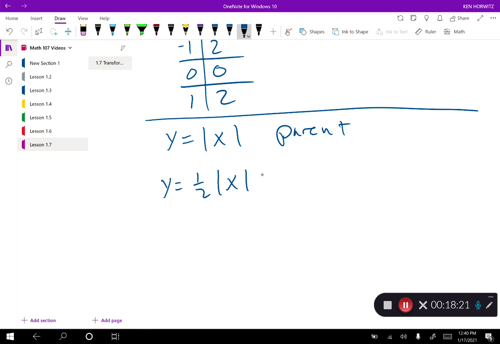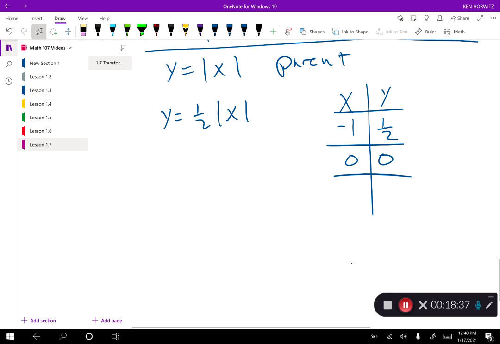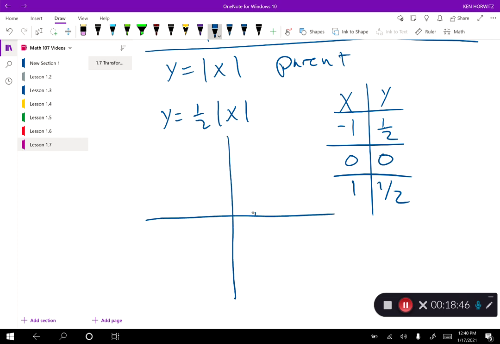So let's make a quick table of values for the new function. And I'm just going to put a couple of values in. -1 is a half, 0 still 0, 1, let's pull that up. 1 is a half. So again, I'm going to graph my parent function quickly, just so you get the idea of it happening in relation to this.